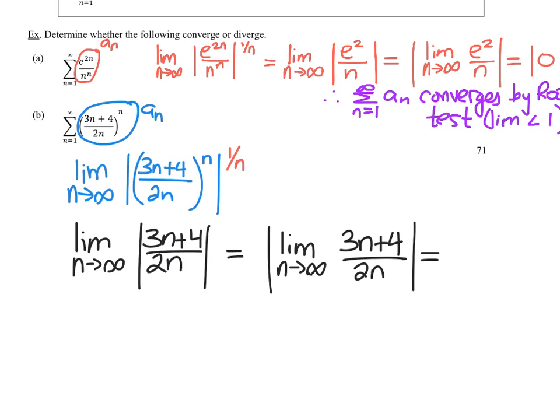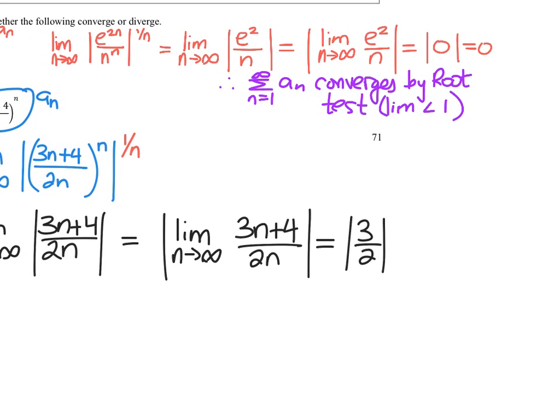All right. So coincidentally, this is also 3/2. So the absolute value of 3/2. Powers are the same, so I'm looking at the ratio of the leading coefficients. And so we're looking at 3/2.